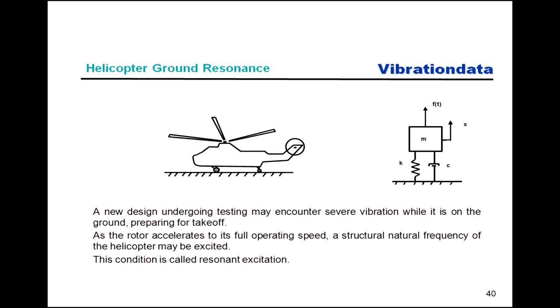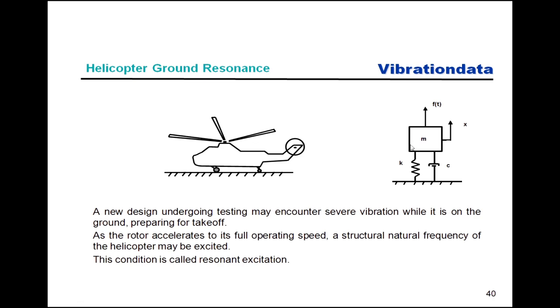In order to mitigate the effects of resonant response, there are 2 or 3 things we want to see happen. First of all, that angular acceleration rate should be high enough that we do not dwell at the natural frequency of the helicopter. If we dwell at the natural frequency, then we get a ground resonance effect, and that can be catastrophic, actually.